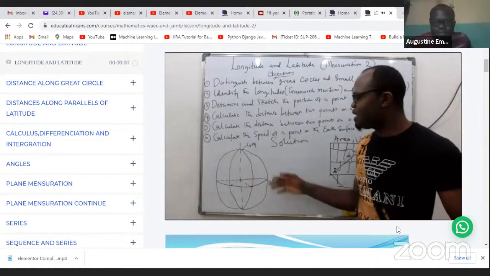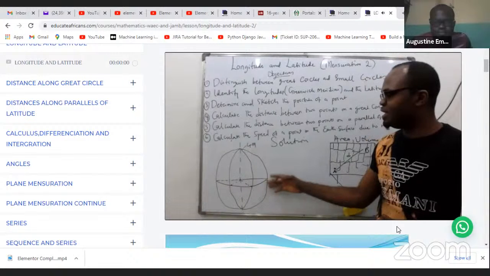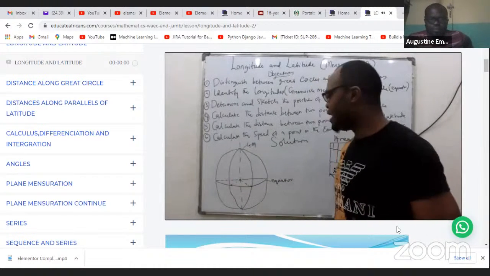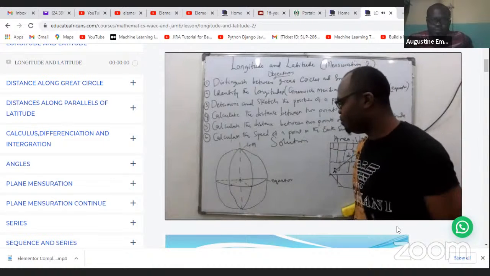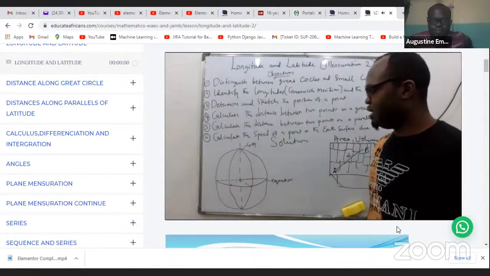Now, looking at the shape of the earth, it is very important that we identify some important points on the earth.